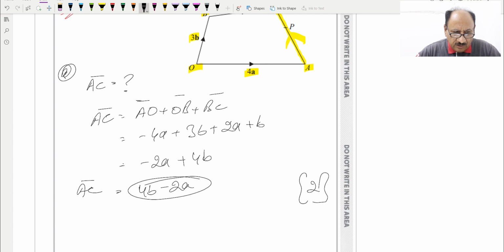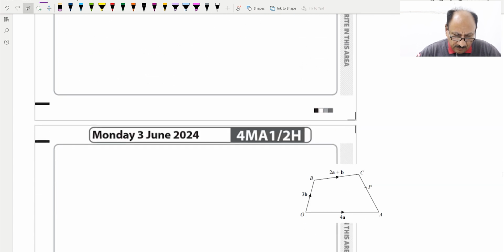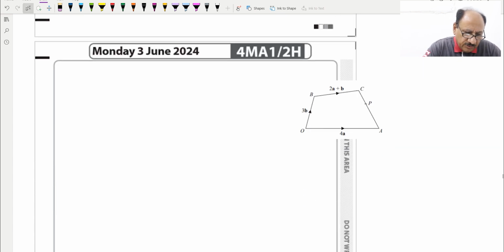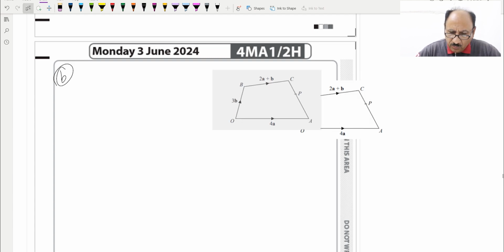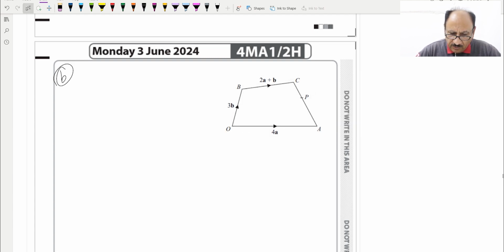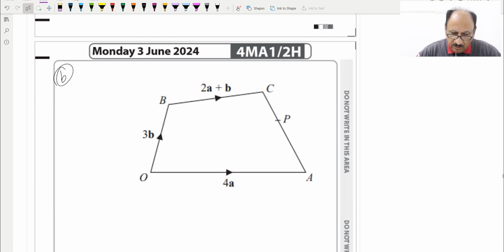Now for the second part we can solve here, which is part B, and the same drawing we will be referring to. And if I make it a little enlarged so that you can understand properly, the point P, which is this one, lies on AC such that AP is equal to 3/2 of PC.